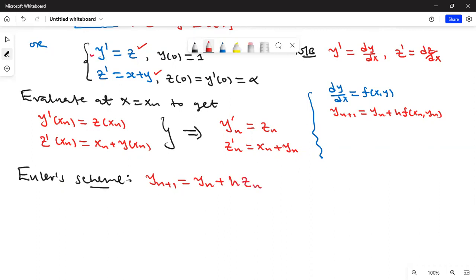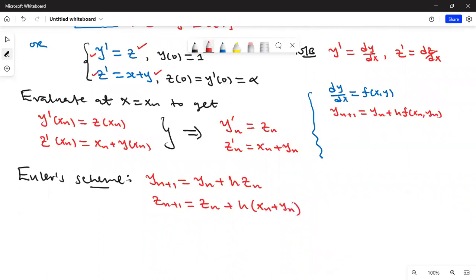And this other one, for z prime, will give us zn plus 1 equals zn plus h times xn plus yn.